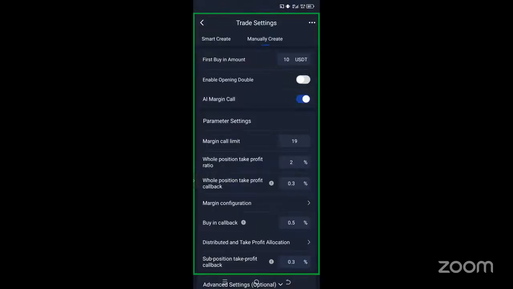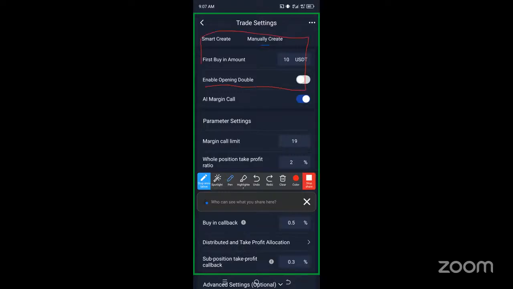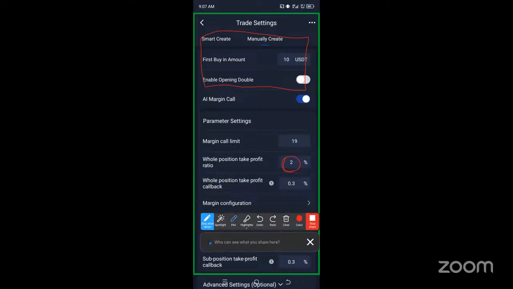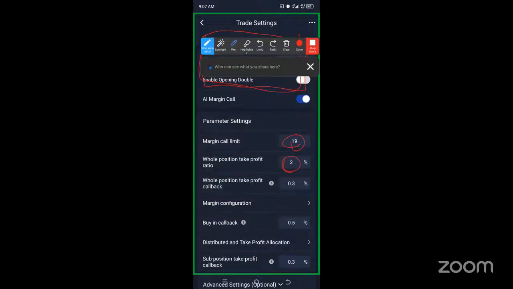So now, I was talking about the martingale strategy, how 4 margin calls can set the profit of hold position and take profit ratio is working on 4 margin calls. But because we have 19 margin calls, the other remaining margin calls, we don't set them here. We come to set them on distributed take profit allocation.